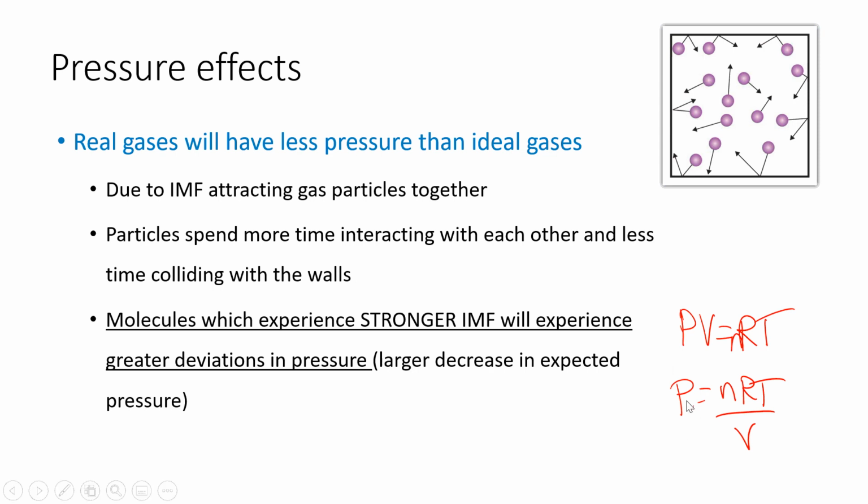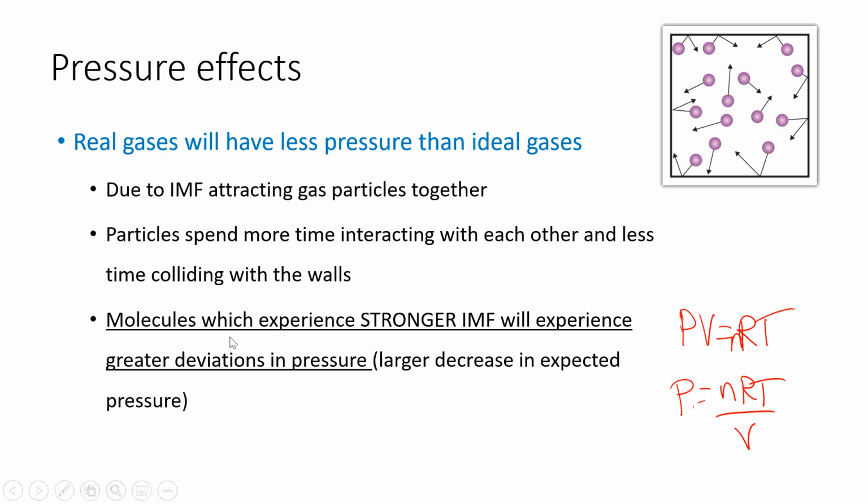A real gas is going to exert a little bit smaller pressure than this number, because real gases actually do experience intermolecular forces. Due to those forces, if the particles are attracted to each other, they spend a little more time interacting with each other and less time bumping into the walls. Therefore, we will observe less pressure.